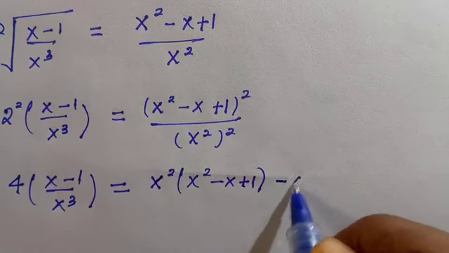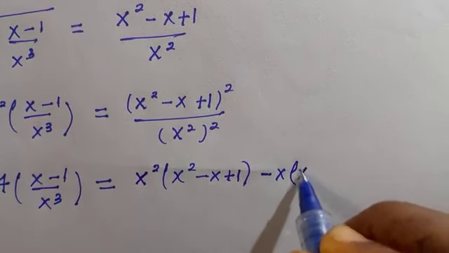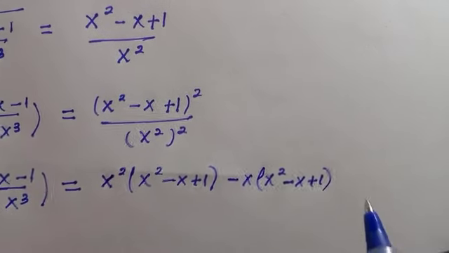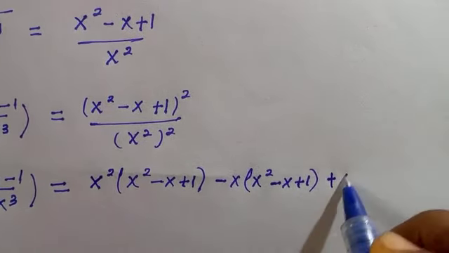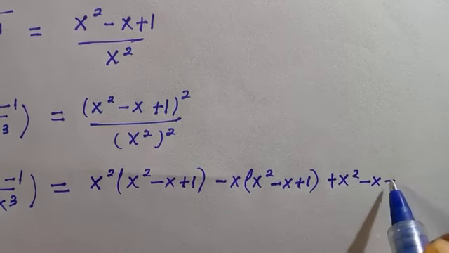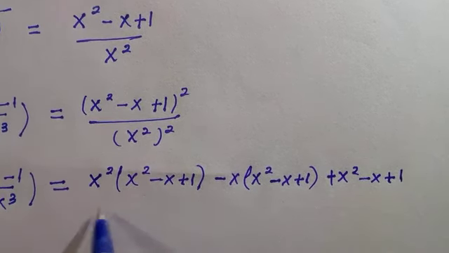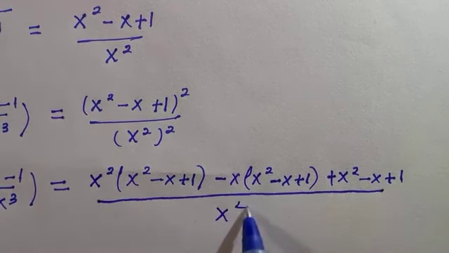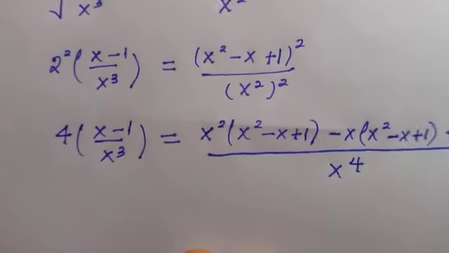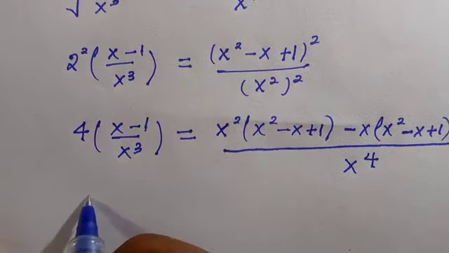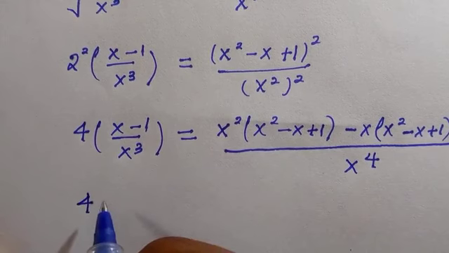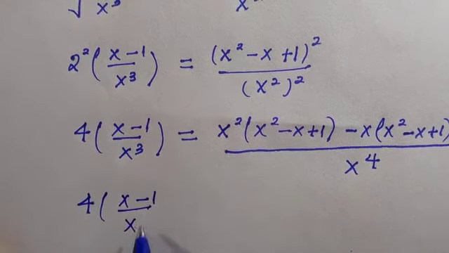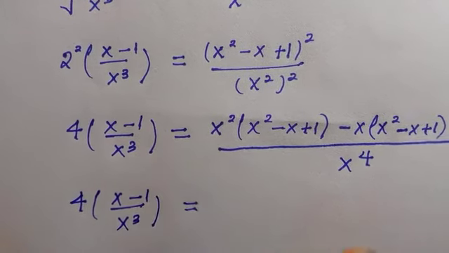So then we still have minus x bracket x squared minus x plus 1, then plus the last one, which is 1, multiply this, so it's still x squared minus x plus 1, divided by x raised to the power of 4. And for this, we have 4 brackets x minus 1 divided by x raised to the power 3 equals, let's expand this.